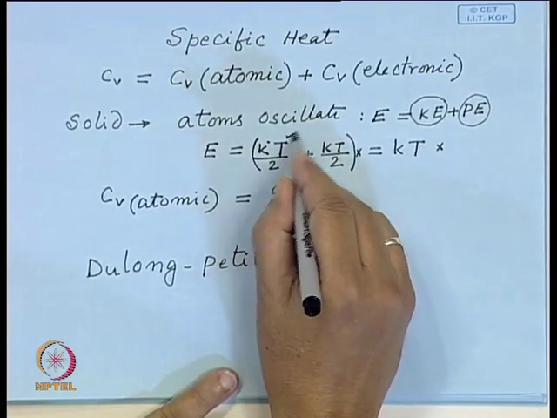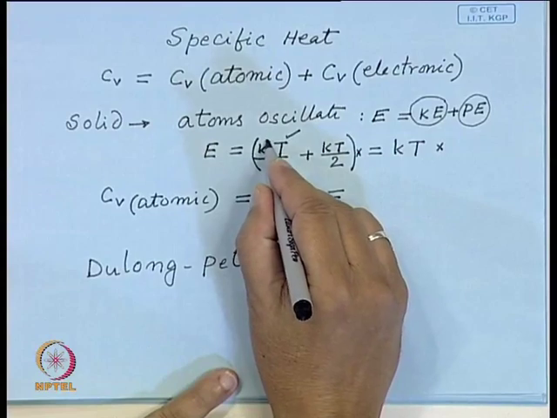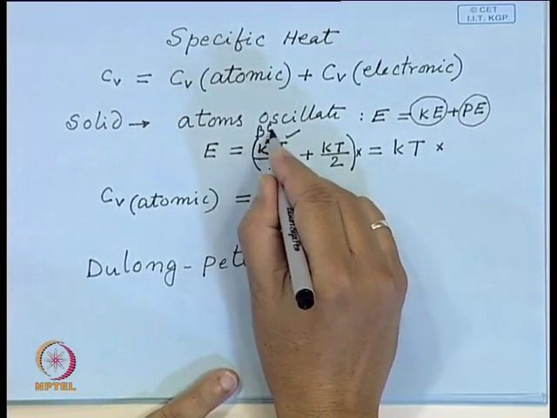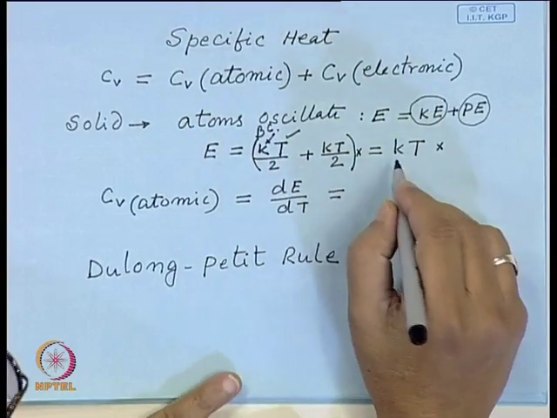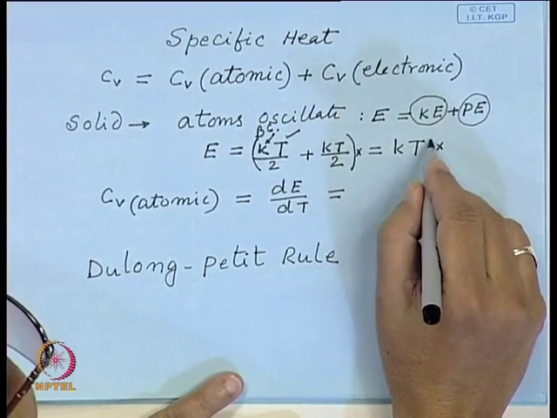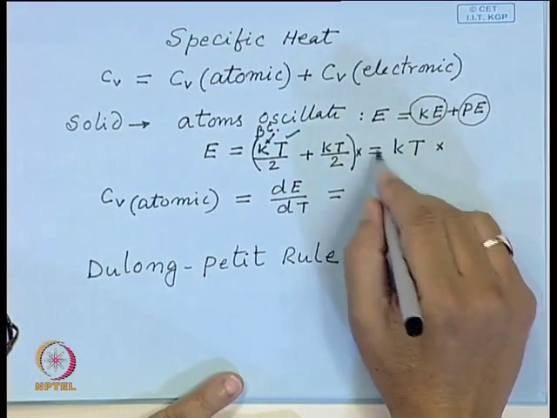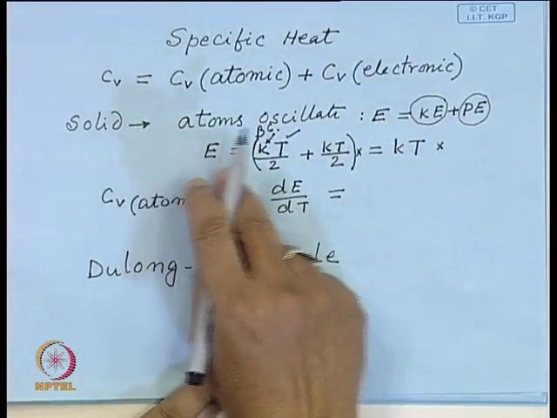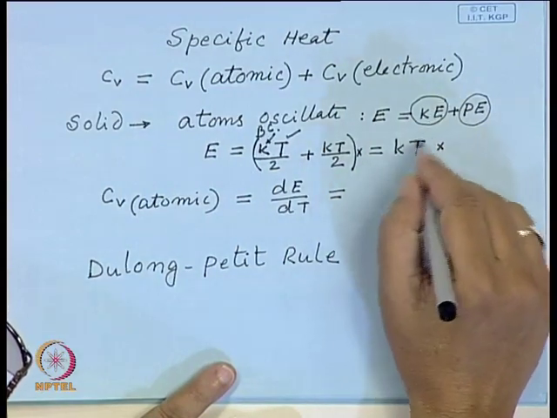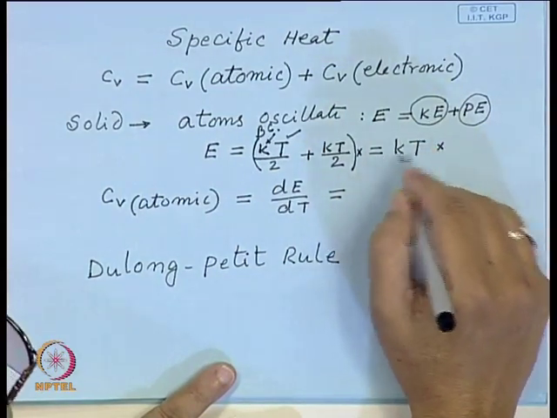T is the temperature in degrees absolute, and k is the Boltzmann constant. So, the total energy of this oscillator is kT. Now, the total energy depends on how many atoms you have.